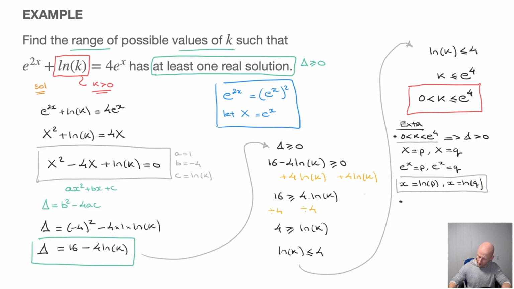On the other hand, if ever we had k equal to e to the power of 4, well, in this case, looking back at our expression for delta again, this 4 ln of k becomes 4 ln of e to the power 4, so that's 4 times 4, which is 16. And so we'll have delta equals 16 minus 16, which is 0. This would imply that delta is equal to 0.